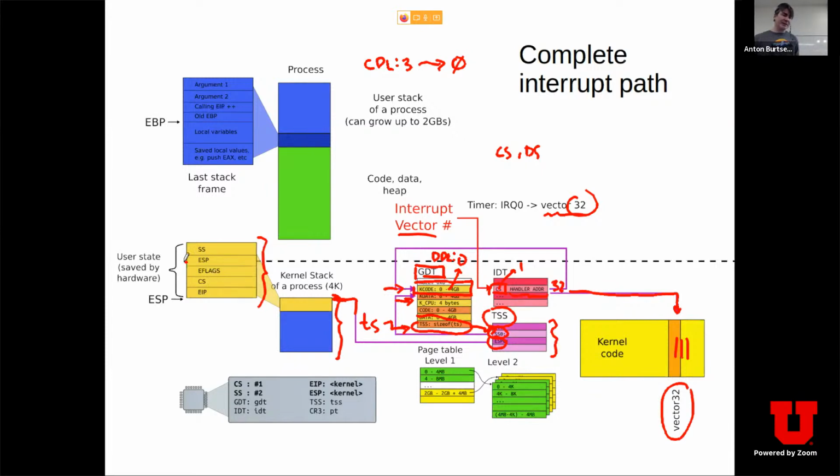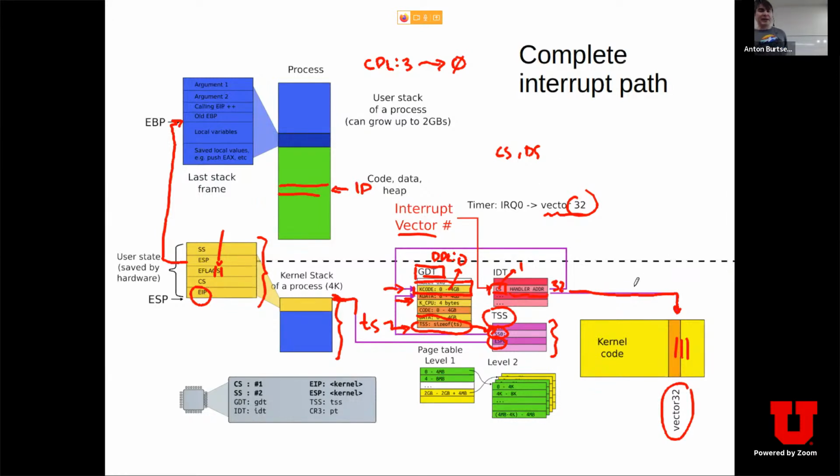So essentially, this stack pointer points to here, and this is the associated stack segment. EFLAGS might change, meaning that we can potentially disable future interrupts, and this instruction pointer is the one which was executing somewhere here inside the user process, right?